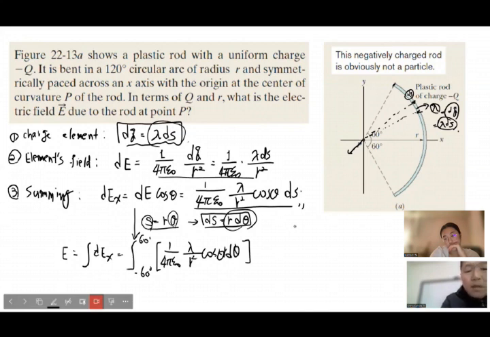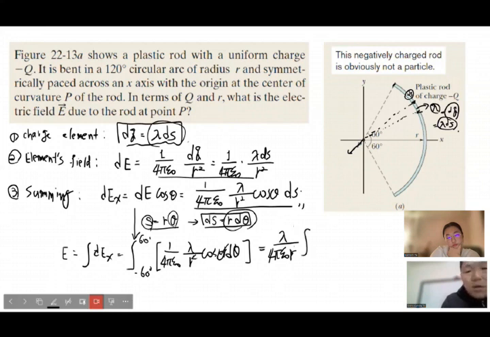Now you can take all the constant values out of this integral, leaving only the variable theta inside. That gives lambda over 4 pi epsilon naught r, because the r cancels between numerator and denominator, leaving only r in the denominator.